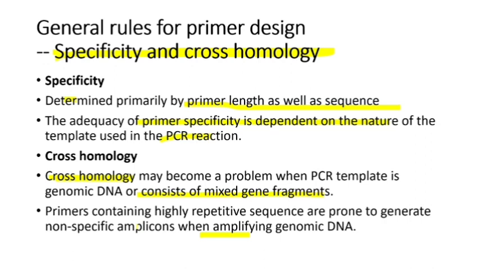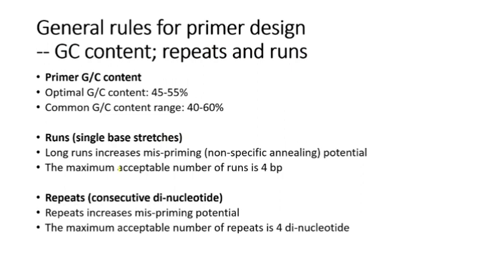When we have a very big genomic DNA, 3 into 10 raised to 9 bases, and the primer contains a highly repetitive sequence like GGG, CCC, the primer can bind to any region of the genomic DNA and create non-specific amplicons. This is one of the major rules. So when you design the primer using genomic DNA, you should design it with less repetitive DNA sequence. Keep these things in mind when designing the primer.